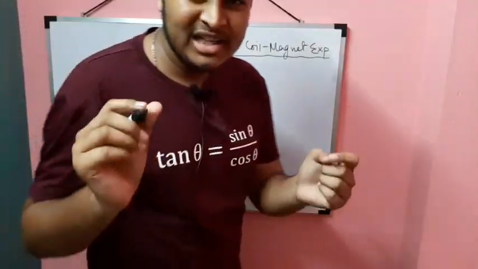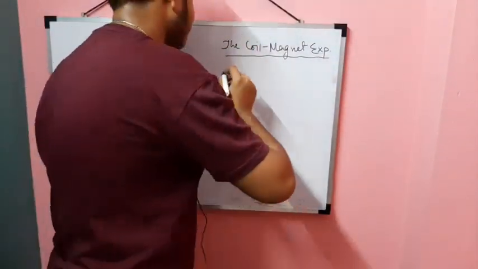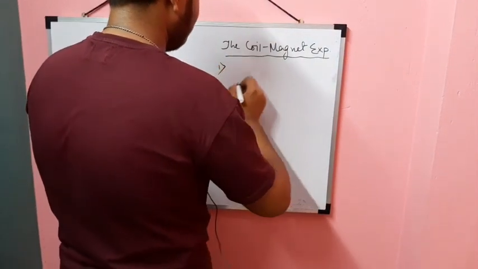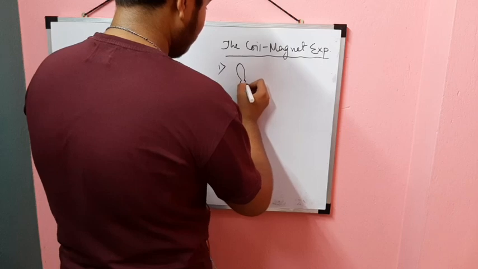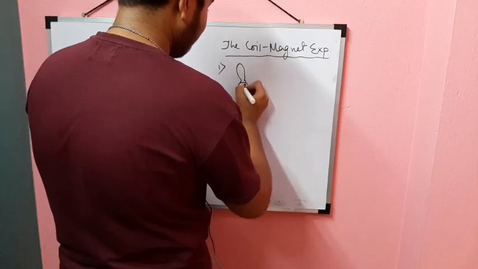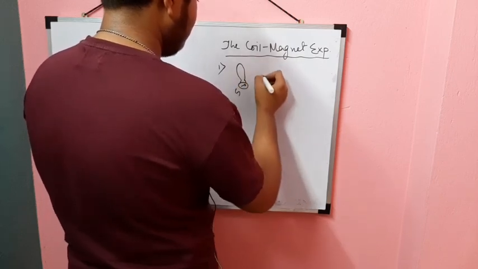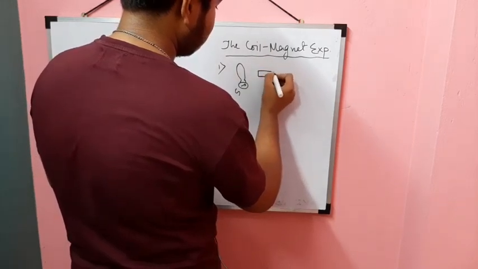The coil-magnet experiment. First case, I am taking that I have a coil and there is a galvanometer, and I have a magnet.